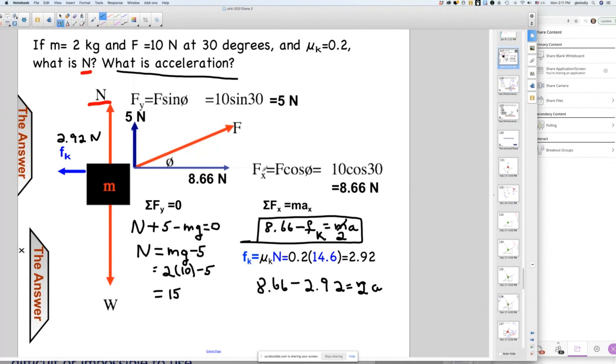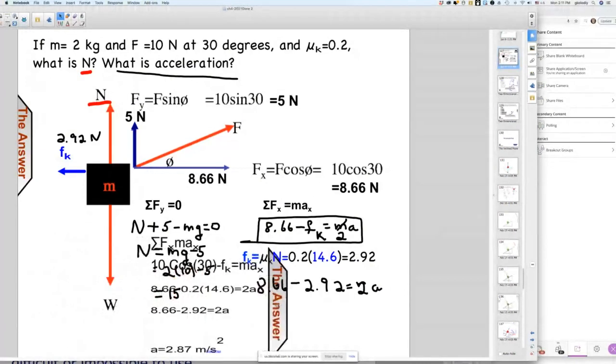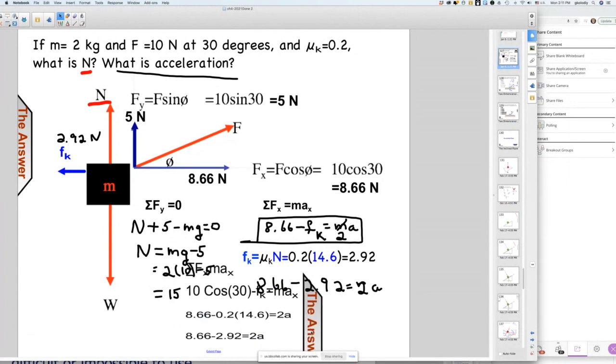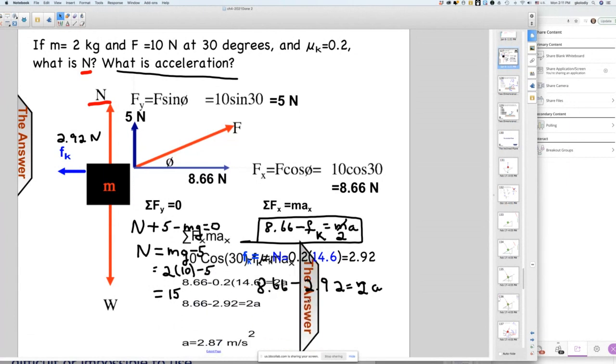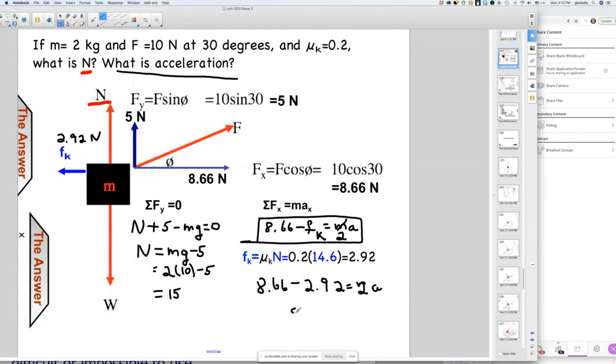You saw this equation for a, and the answer was over here, 2.87. So this is the equation that I just wrote here. a comes out to 2.87 meters per second squared. So that's the last thing we did last time.